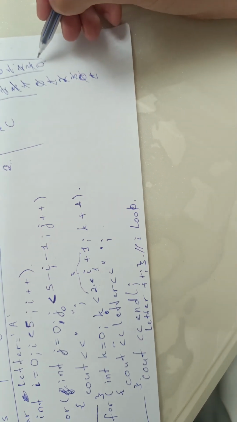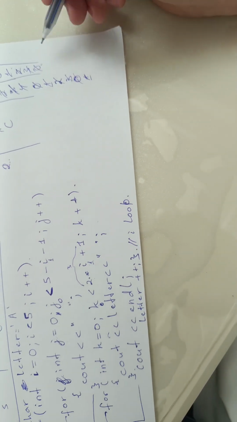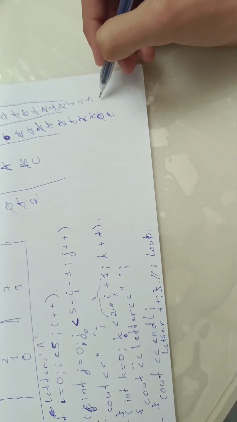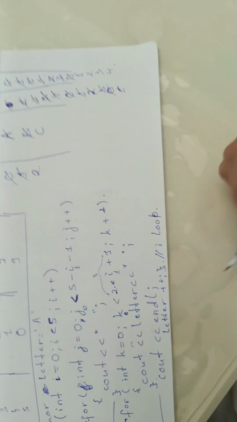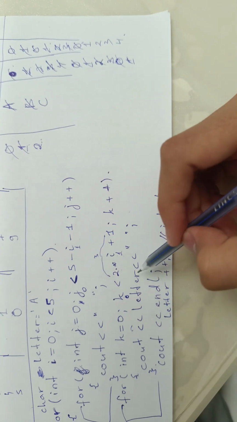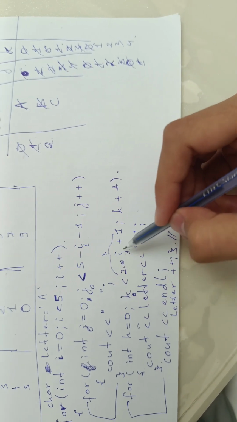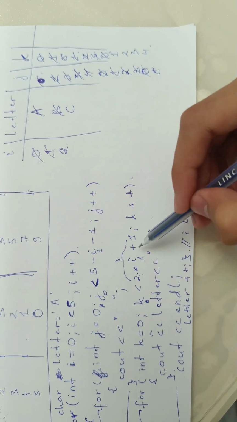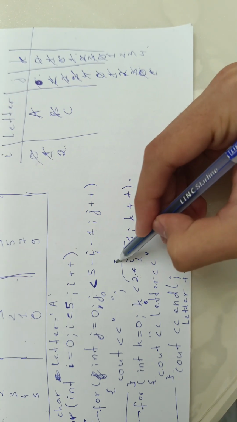It checks 5 times: 0, 1, 2, 3, and 4, then stops. Because when K becomes 5, 5 is not less than 2 multiplied by I, which is 2, that means 4 plus 1, 5.